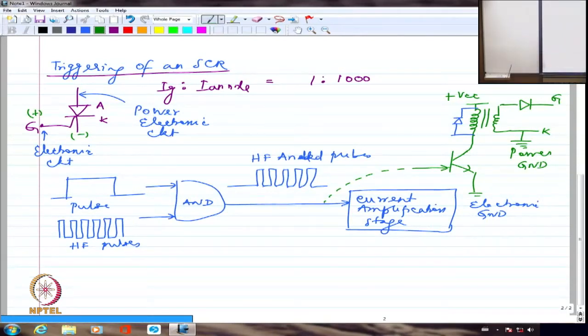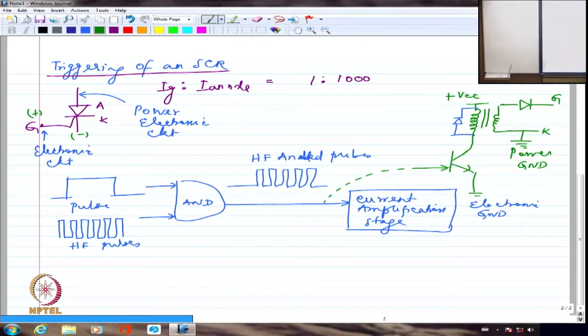And I am able to give this kind of an isolation with a transformer because it is an SCR. Once I give a pulse, it will start conducting. So even if I bring down the voltage, still it will continue to conduct. It's not going to shy away from conducting.